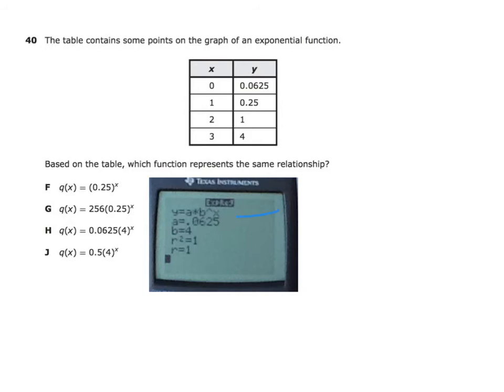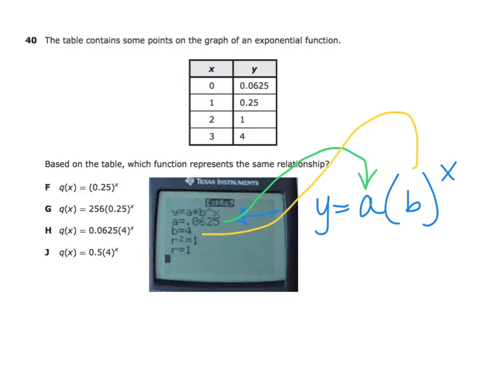The format for this, right up here at the top, is y equals a times b raised to the x. I'm going to put my b in the parentheses. That's the way we're used to seeing it, raised to the x. That's our exponential function. And now they've given us the a value, the one that's going to go here, and they've given us the b value, the one that's going to go inside my parentheses.